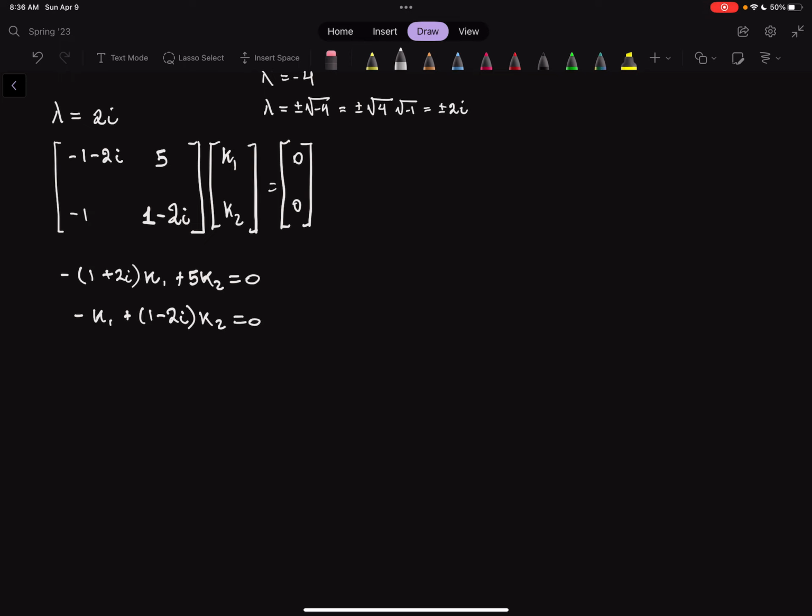Now, can we get to this by multiplying by a single number? Well, I can multiply by 1 over 1 plus 2i. And if I do that, what happens?